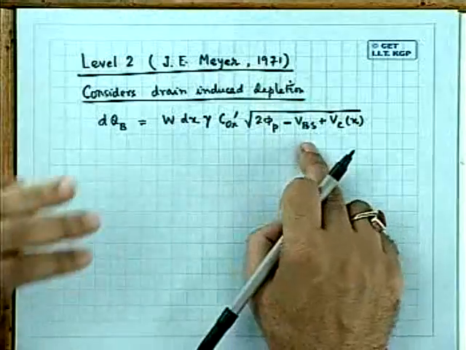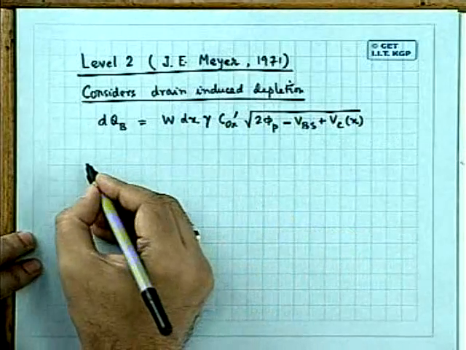That is so far as gate induced voltage is concerned. But when there is a drain induced effect, current is flowing due to the voltage applied at the drain. As a result, there is a potential drop across the channel. That is in addition to phi s. And that is why the depletion layer gradually widens from the source towards the drain.